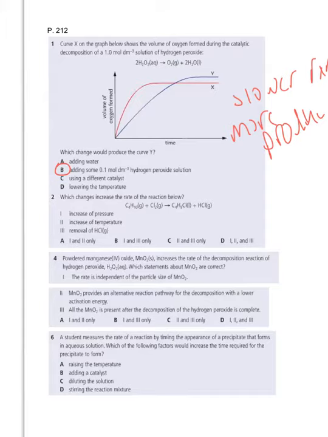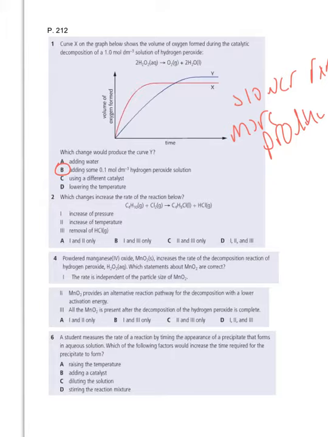Number 2, which changes increase the rate of reaction below. And as you look at this, increase of pressure, increase of temperature, removal of HCl, they all sound good, except you have to keep in mind that we're talking about rate here and not equilibrium.